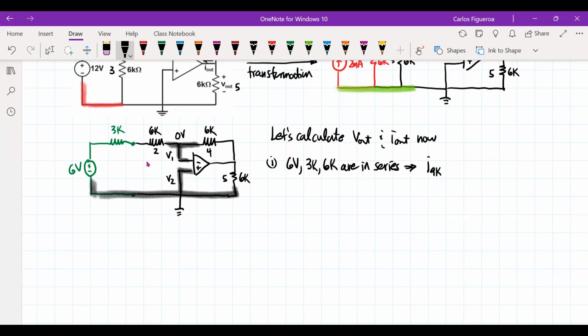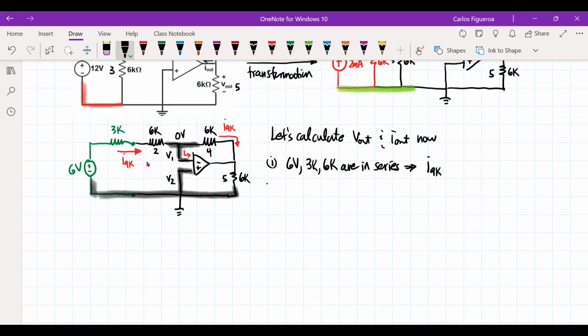If I start to look at my currents here, this tells me here is that I have a current going in this direction like that. And I'm going to call that the current of the 9K. Because there is no current going through this branch right here, right? That current is 0. That means that the current coming in here is also the current of the 9K.